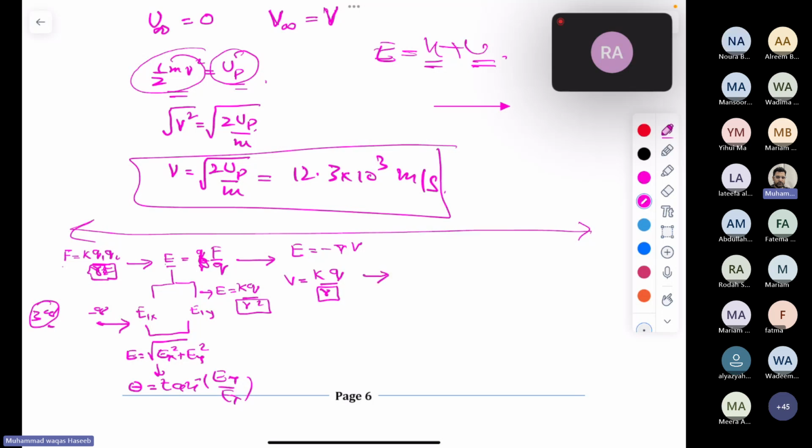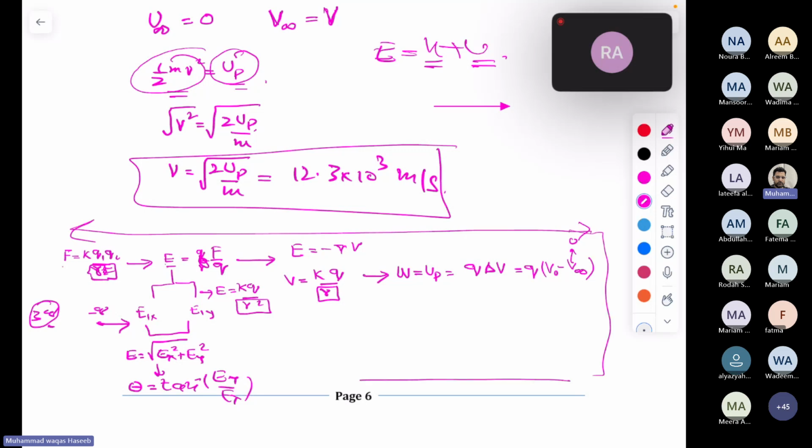Then from the potential, you can find the work or the potential energy, which is the potential V, where V is V naught at this point minus V infinity, and we take the potential at infinity as 0. So this is how electrostatics works. They are all connected to each other in that fashion.